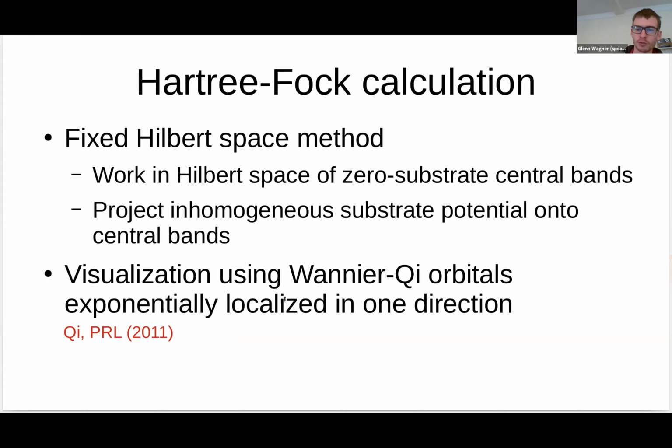And the way we do it is by constructing the Wannier-Xi orbitals, which are wave functions that are exponentially localized in one direction, which is analogous to the Landau gauge orbitals in the standard quantum Hall effect. And so by computing the overlap of our solutions with these exponentially localized Wannier-Xi orbitals, we get some spatial resolution of our solution.